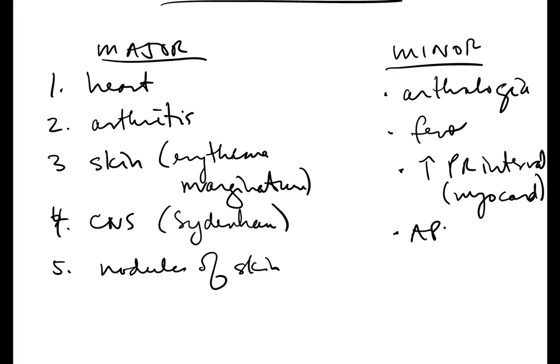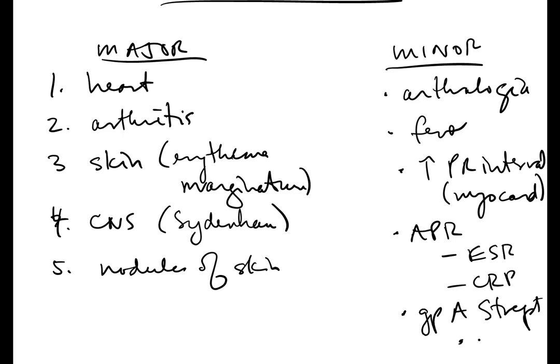It involves any of the acute phase reactant findings that we do, so that would include, for example, an elevated sed rate or an elevated C-reactive protein, and then anything that gives you evidence of a group A strep infection. So that could be your ASO titers, or it could be a positive culture.